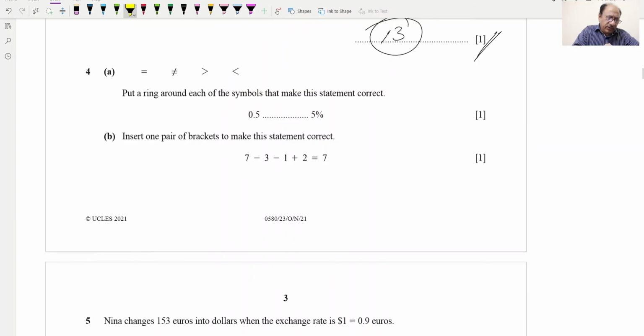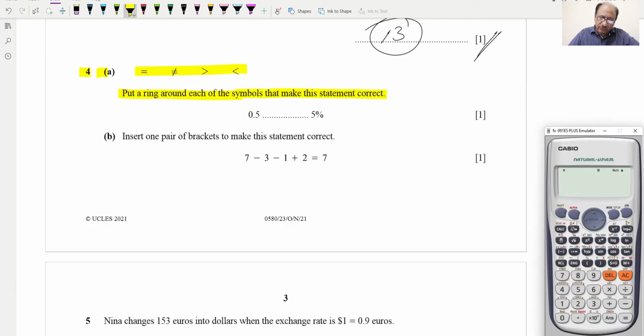Question number 4a part. These are the symbols. Put a ring around each of the symbols that make this statement correct. So 0.5, put a ring around each. If we check 5%, 5% means 5 over 100, which is equal to 0.05.